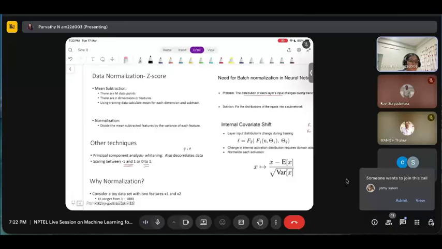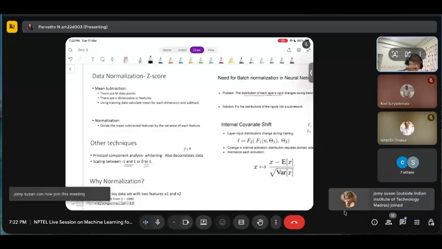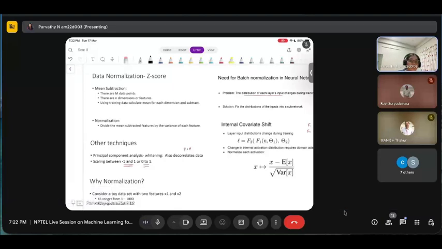Some features might have very small values, some features might have very large values, so you can see the scales of different features. If the features are not all on the same scale, then it could be a problem.